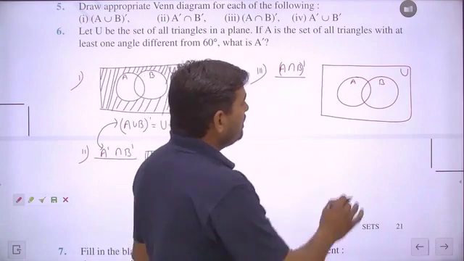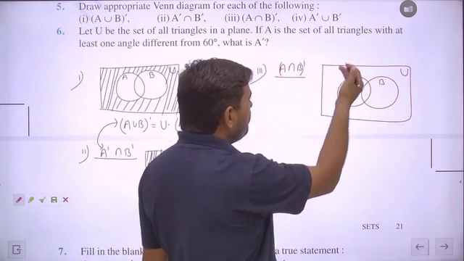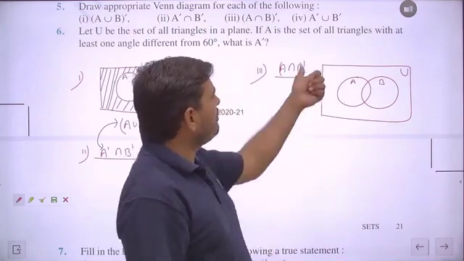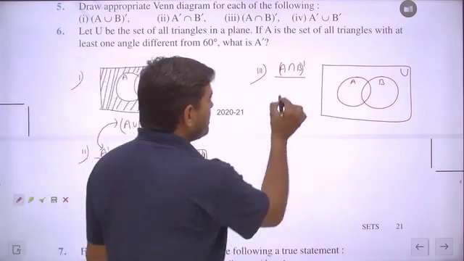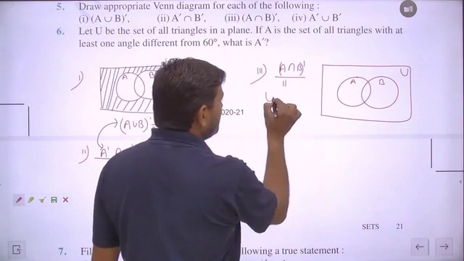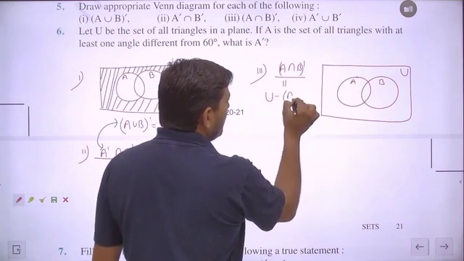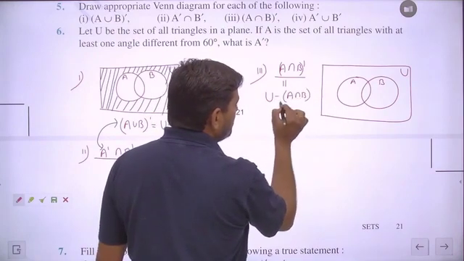Now, students, the intersection part is removed from the universal set, and then you get the answer of (A intersection B) whole dash. Meaning (A intersection B) whole dash is represented as U minus A intersection B. This is the answer.